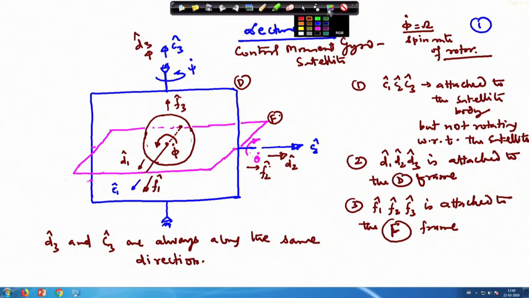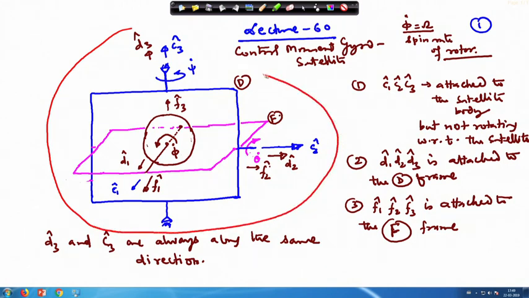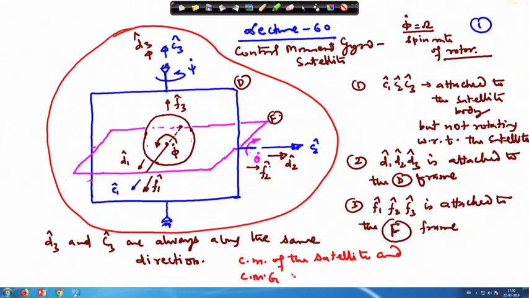What we can see here is that the satellite is enclosing this control moment gyro, and we are assuming that the center of mass of the satellite main body and the center of mass of the CMG are coinciding.